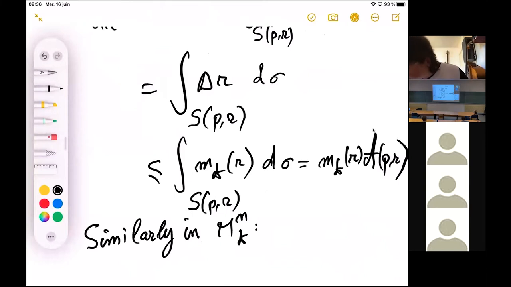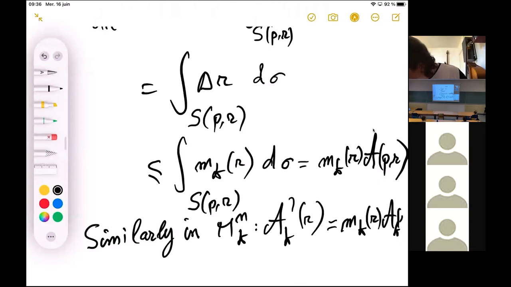And what this will give us is that what I called A_k, which was just a function of r, has a derivative which is equal to m_k(r) A_k(r). Okay. So now we can put all that together.